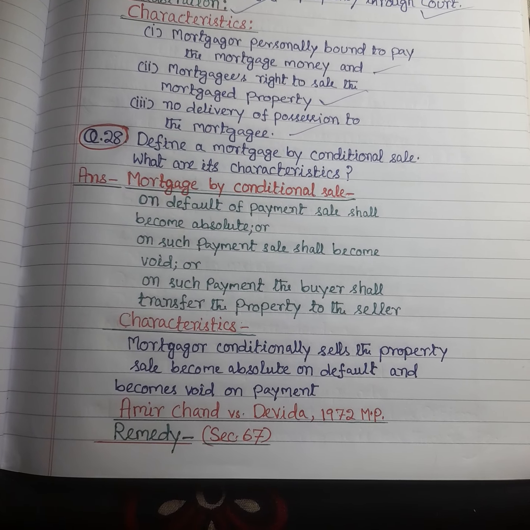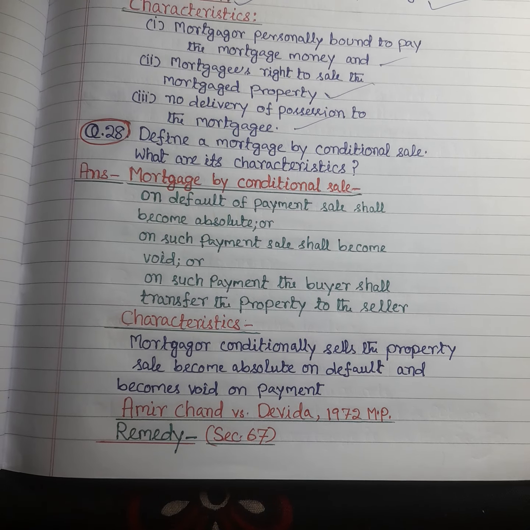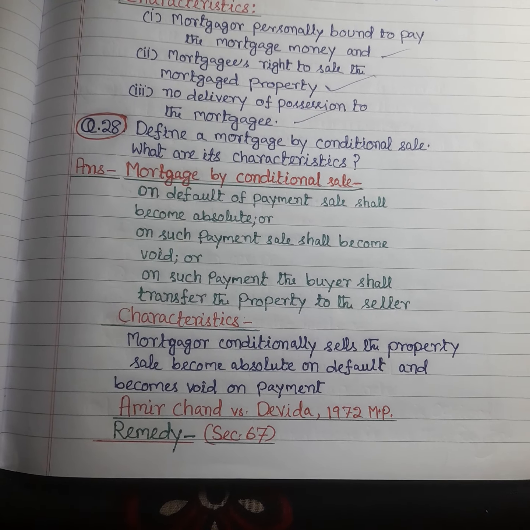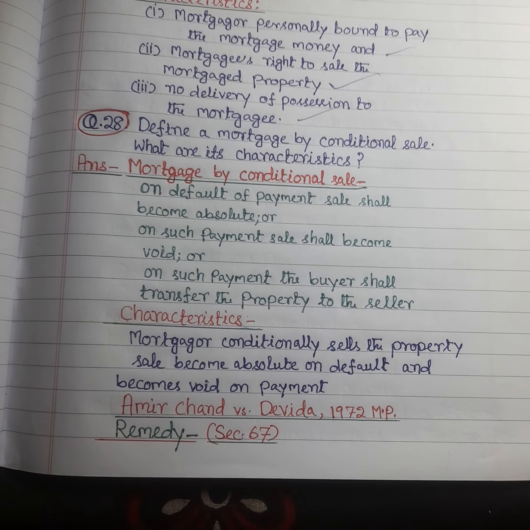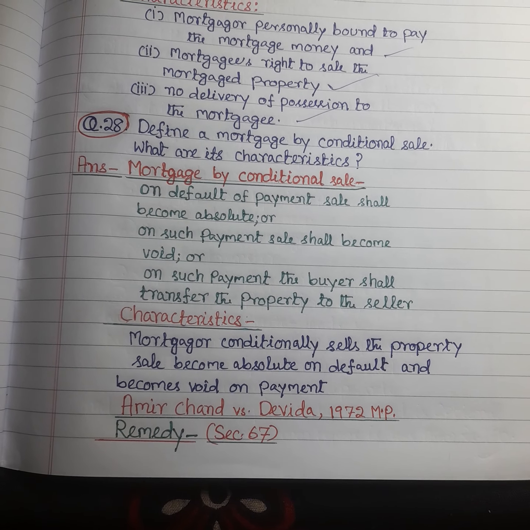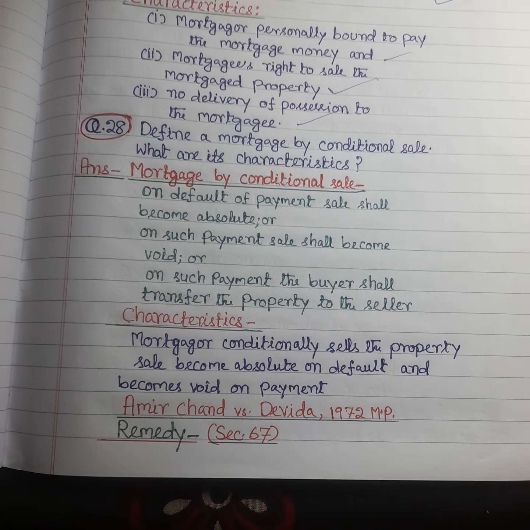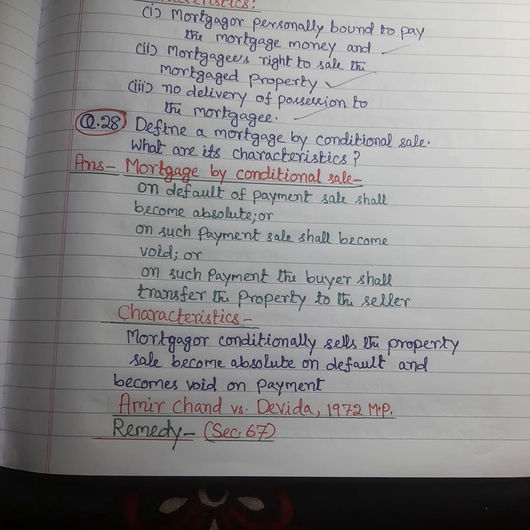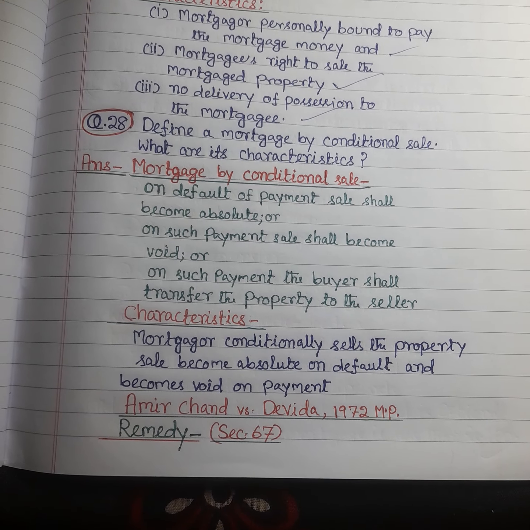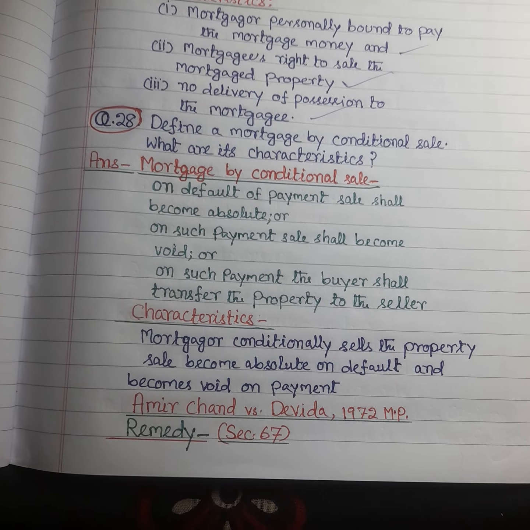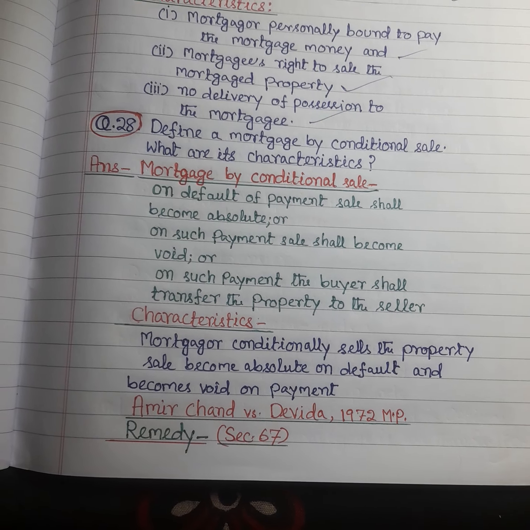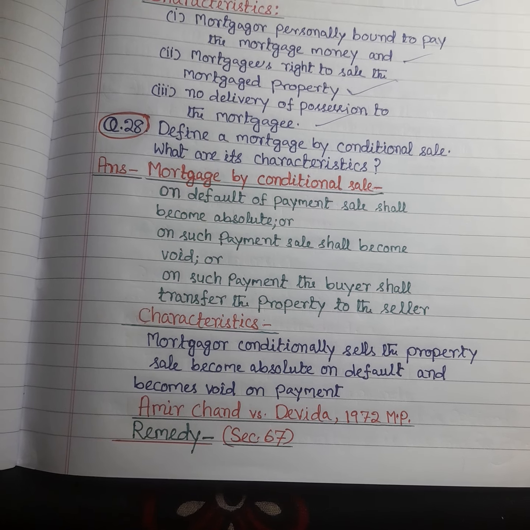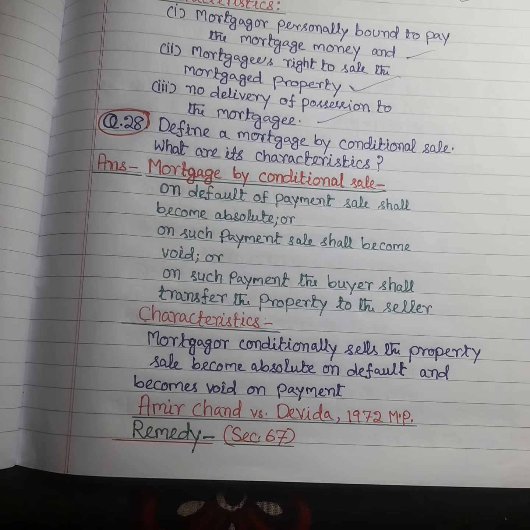So the first characteristic of a simple mortgage is that the mortgagor binds himself personally to pay the mortgage money, and the second characteristic is that the mortgagor agrees that in case of default in payment, the mortgagee shall have the right to cause the mortgaged property to be sold.